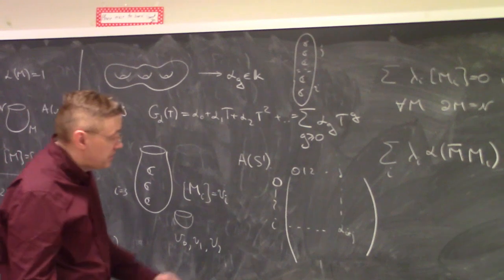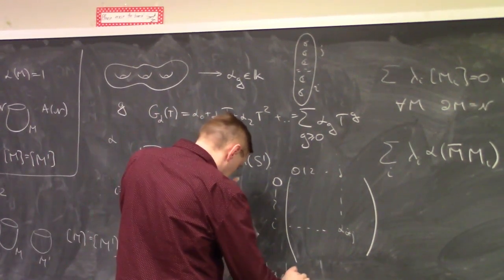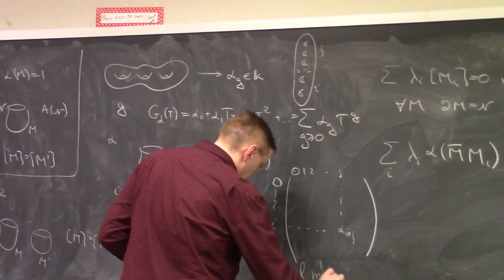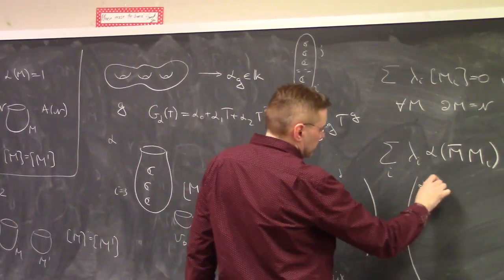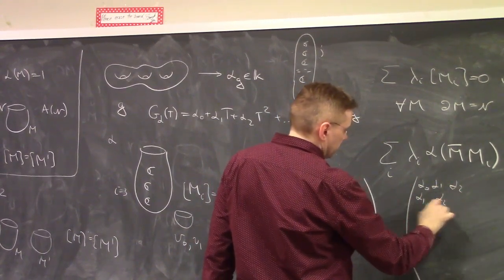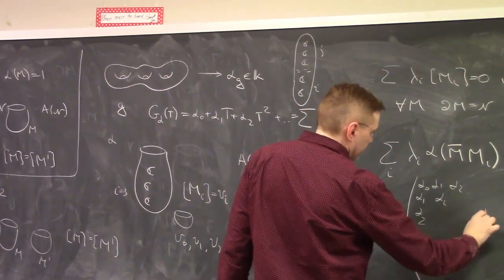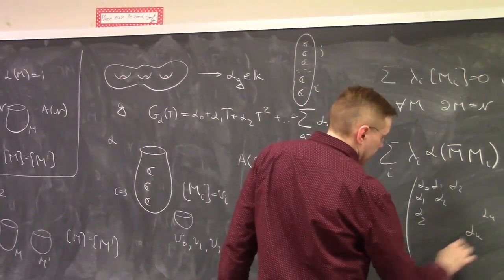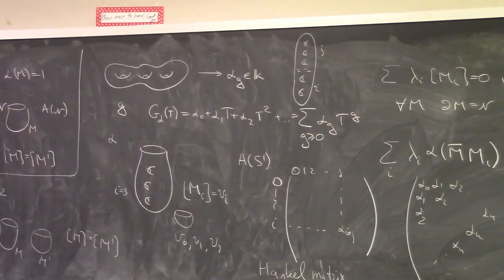And these matrices are well known in mathematics. They're called Hankel matrices. They have the property that on each antidiagonal, the numbers are equal: alpha 0, alpha 1, alpha 2, alpha 2, alpha 2, and so on, alpha k, alpha k, alpha k. Because there are lots of different ways of decomposing the surface.